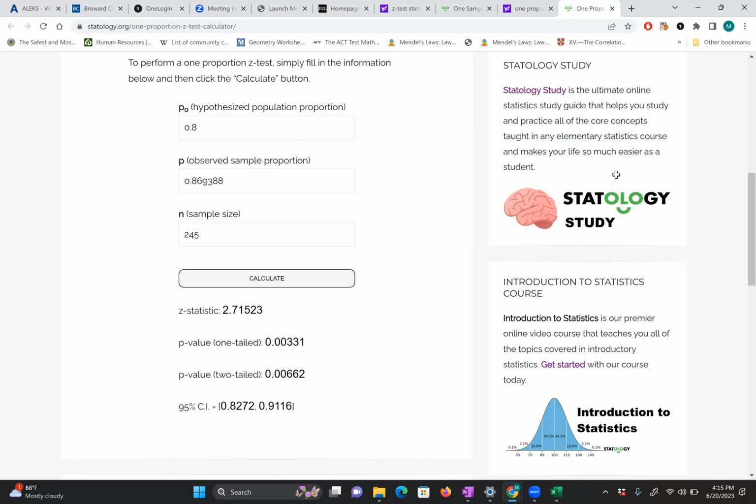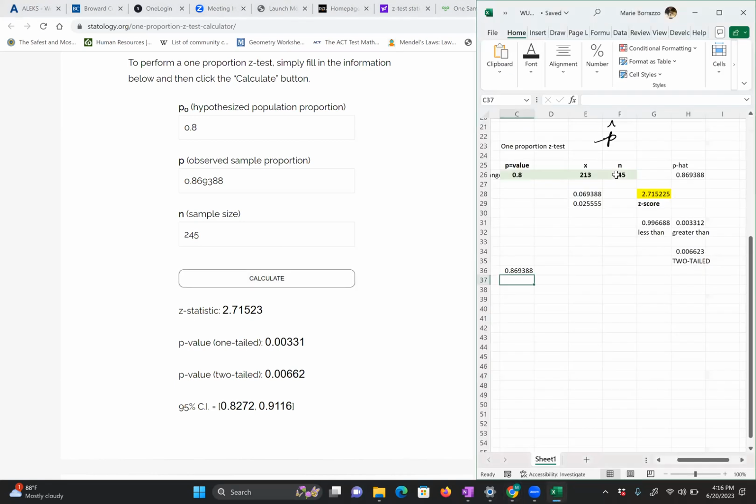I feel much more confident with that. So type in whatever decimals come in. If they have longer decimals, put them all in. I basically just put that in as a proportion. So that's the observed sample proportion. There you go. So you can use that as well.